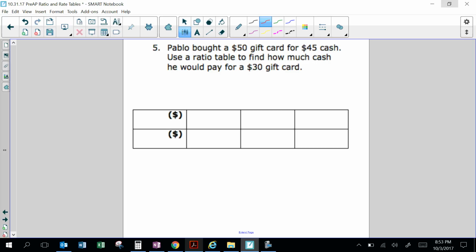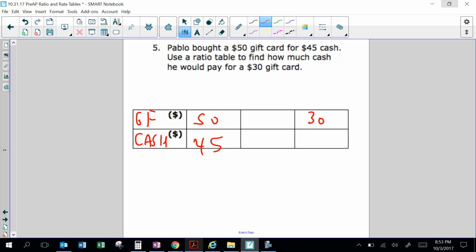Pablo bought a $50 gift card for $45 cash. Use a ratio table to find out how much cash he can buy with a $30 gift card. So a $50 gift card is worth 45 cash. If you have a $30 gift card, how much cash can you buy? Can 50 go into 45 or 45 go into 50? No. Can 50 go into 30?